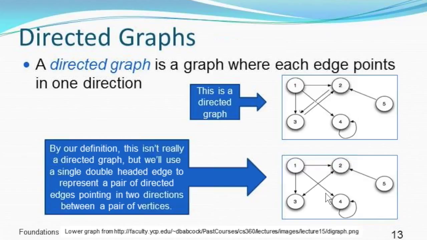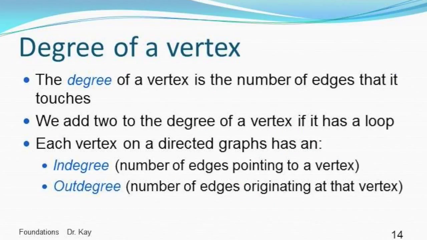But strictly speaking, this is a directed graph, and this is not, because this particular edge happens to point in both directions. As long as you understand that, I'll let you draw your directed graphs like this.